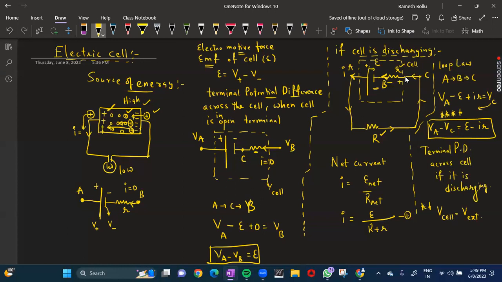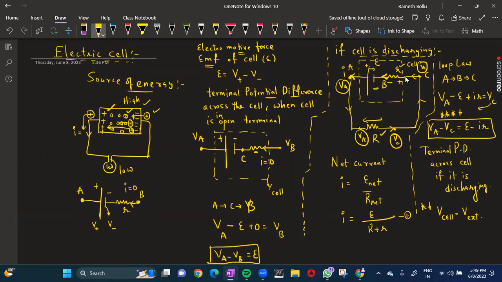Shall I write? Please say yes or no. Here the potential is VA. Here also how much potential, children? VA. Here the potential is VC. Here also how much, tell me? VC. What I mean to say is, the cell and external resistance are in which combination? Parallel.